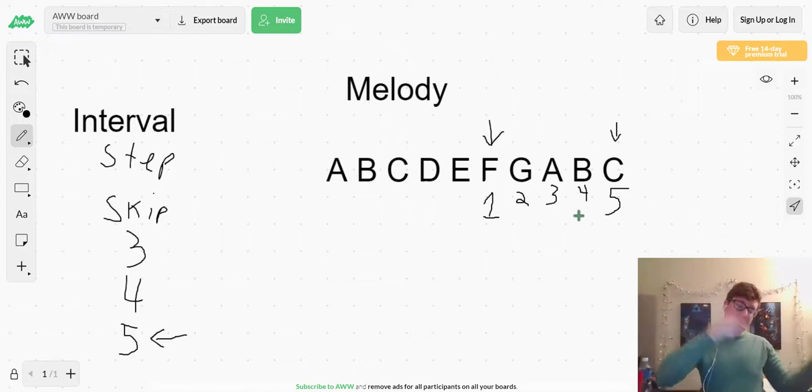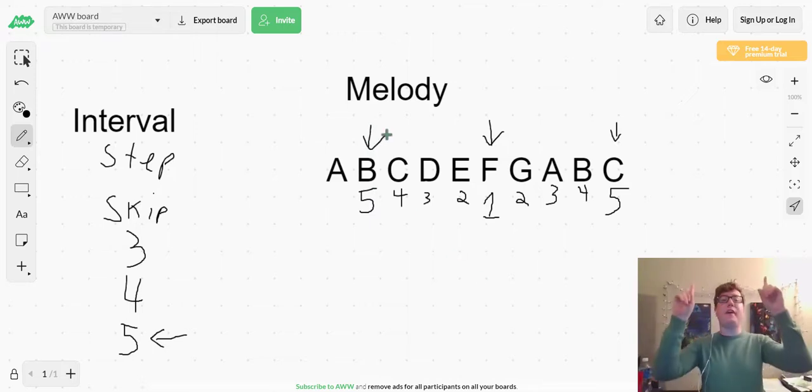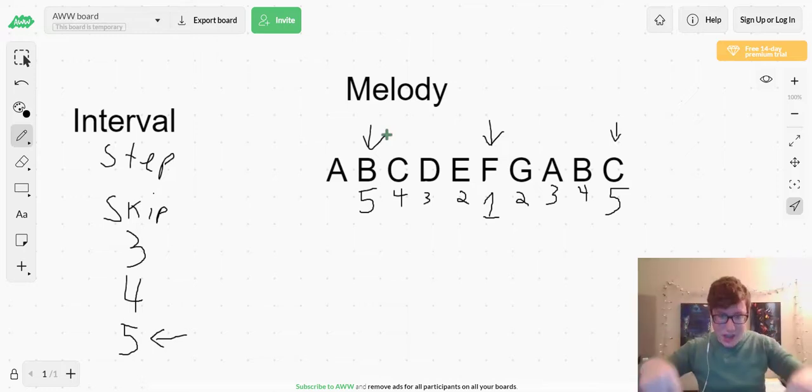We can go back down as well. Make sure you know F is 1. And then start counting. E is 2, D is 3, C is 4, and ba-bam, B is number 5.